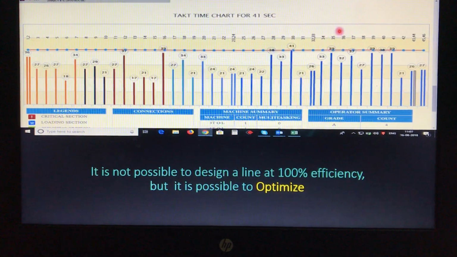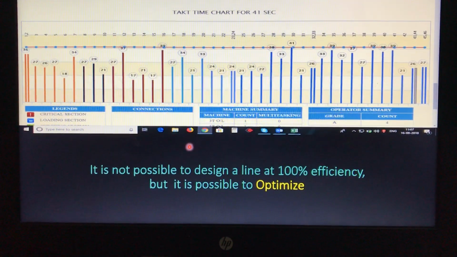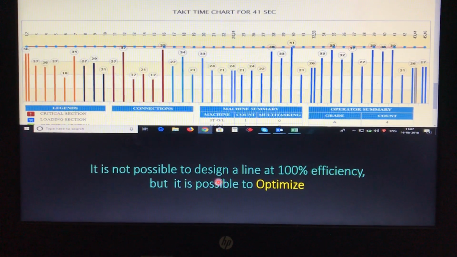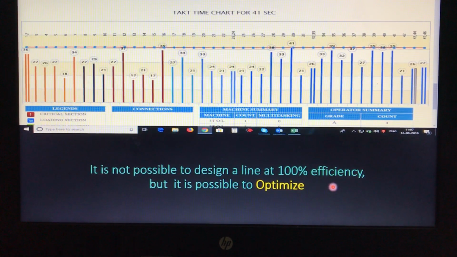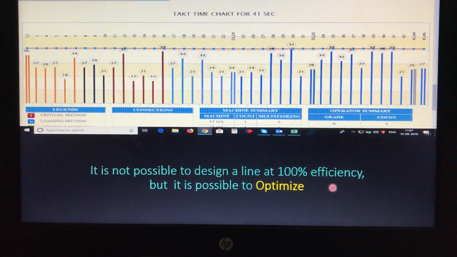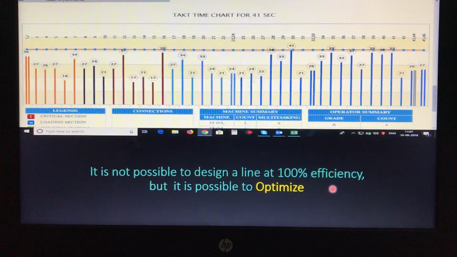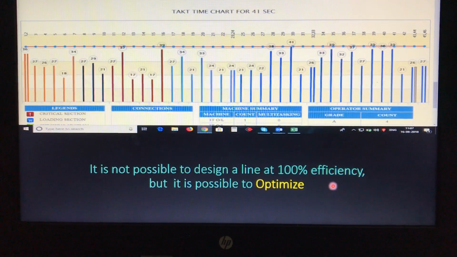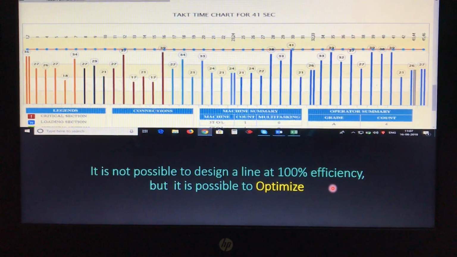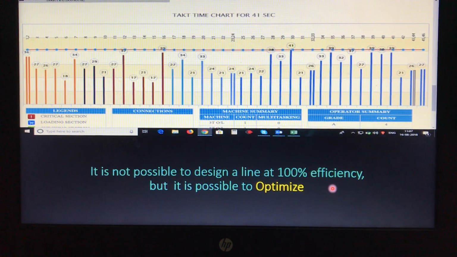It is not possible to design a line at 100% efficiency, but it is possible to optimize. Line design is all about optimization. You choose the takt time and you balance accordingly.